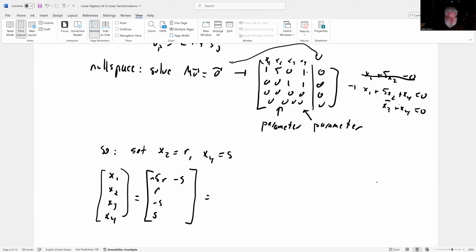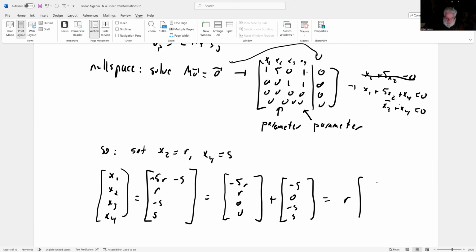And we'll break this into two vectors, one with all the r's in it, and one with all the s's in it. And then we can factor out the s and the r.